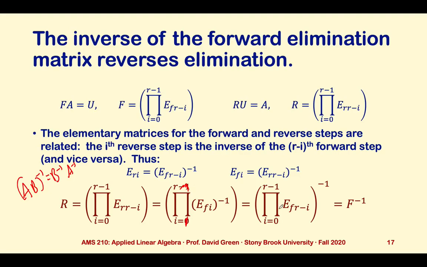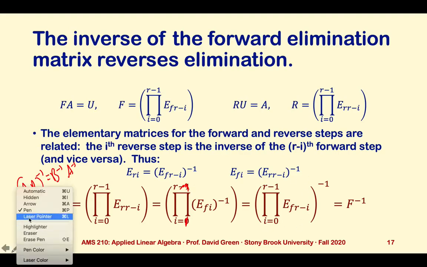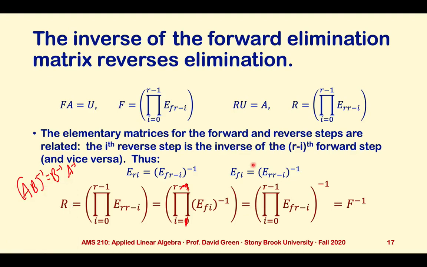Right? Now, if we take a look at this, what is this matrix? This product of the forward elementary matrices of R minus I, starting from I equals 0 up to R minus 1. This is our definition of F. R equals F inverse.